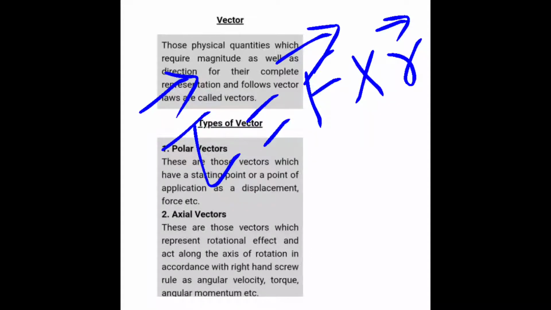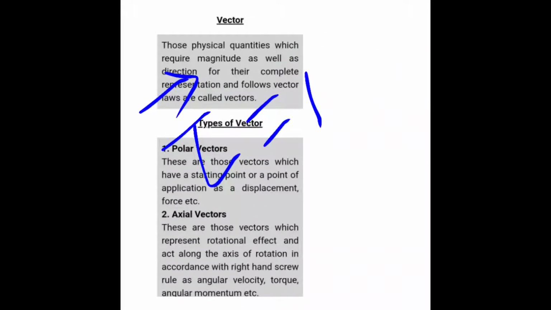The rotational force we know is torque, and this comes under axial vectors. They act along the line of rotation, according to the right hand screw rule. Angular velocity, angular momentum and torque all come under axial vectors.